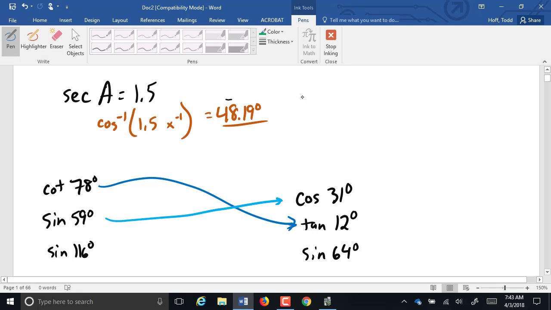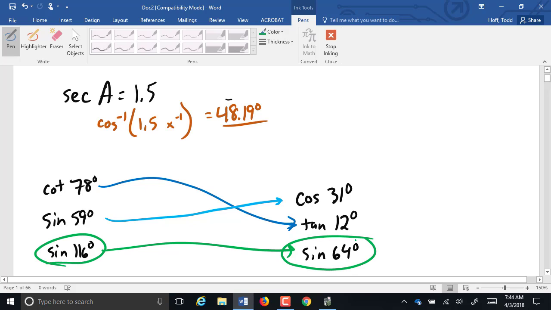Sine of 116 degrees is equivalent to, it would be equivalent to the cosine if they were complements, but 116 is bigger than 90, right? But these two are supplements.